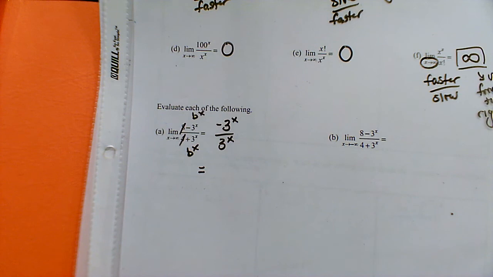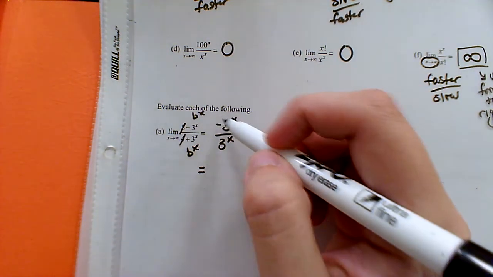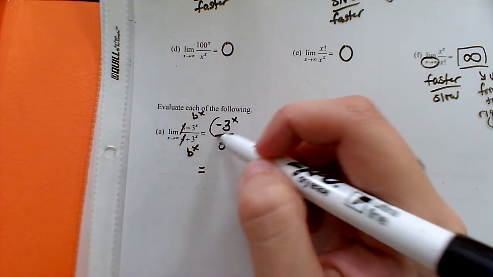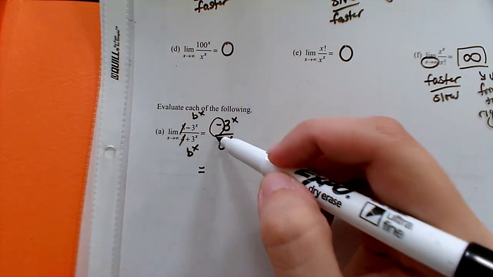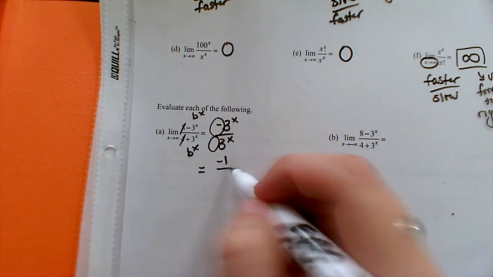How do we figure out where our asymptote is if they grow at the same rate? What are we going to analyze? Yeah, the coefficients. So in front of this 3 to the x, we have a negative 1. In front of this 3 to the x, we have a positive 1.